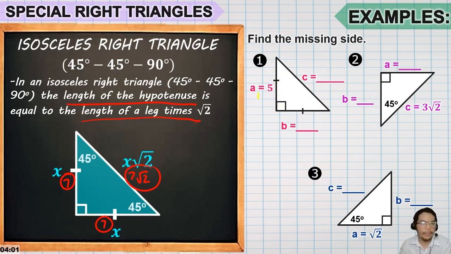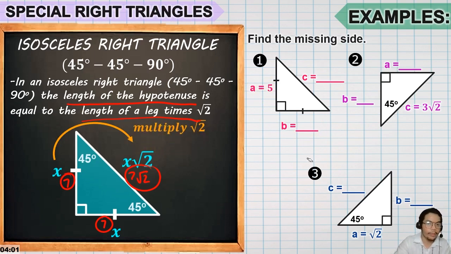So first, if the measurement of one of the legs is 5, wherein A is equal to 5, what do you think is the measurement of B? Since this one is an isosceles right triangle, kung ang sukat ng isang leg mo ay 5, the other leg will also measure 5. Very good. The correct answer, B is equal to 5.